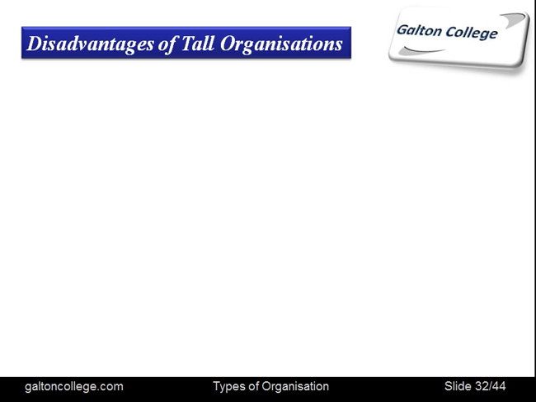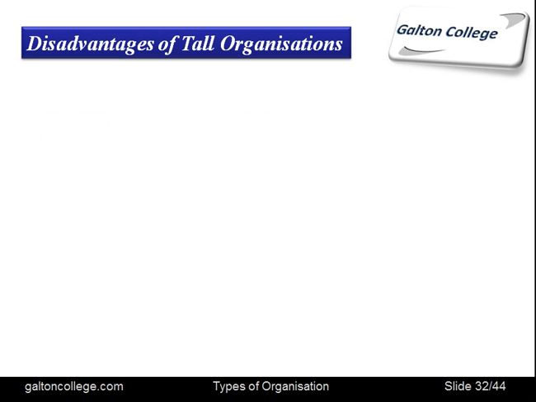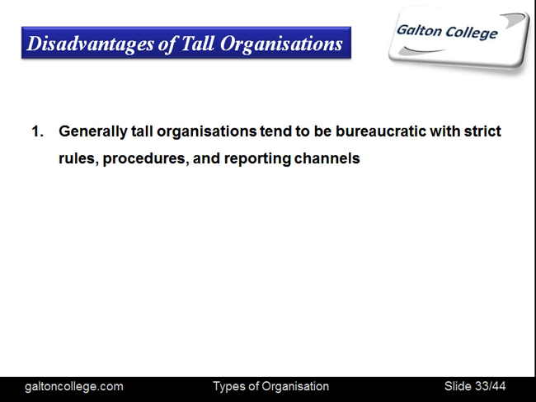Now, the disadvantages of a tall organisation. Generally, tall organisations tend to be bureaucratic with strict rules, procedures and reporting channels.